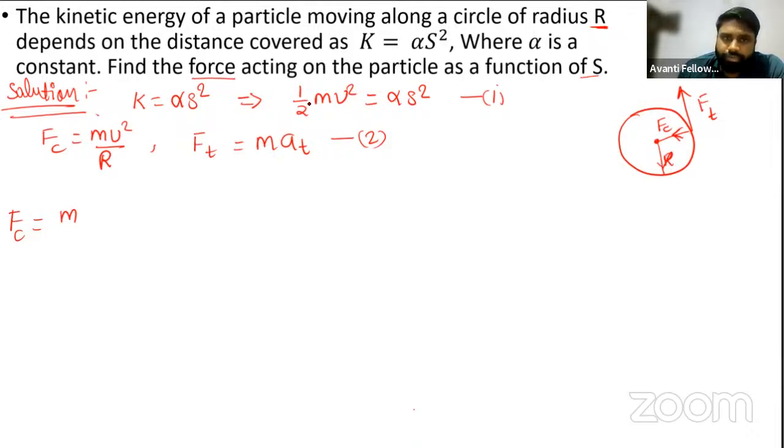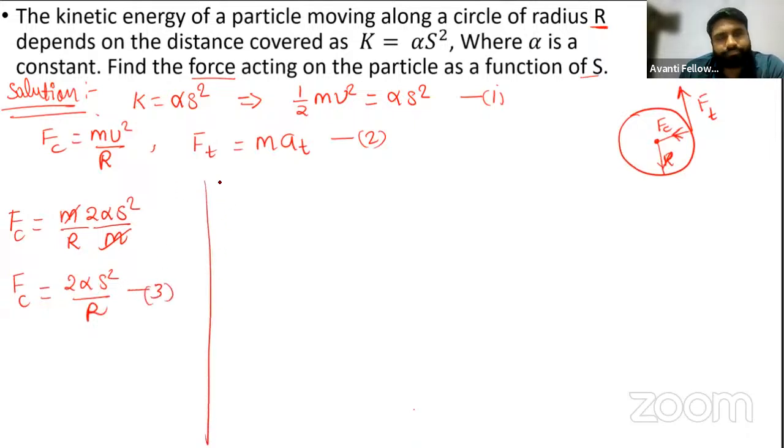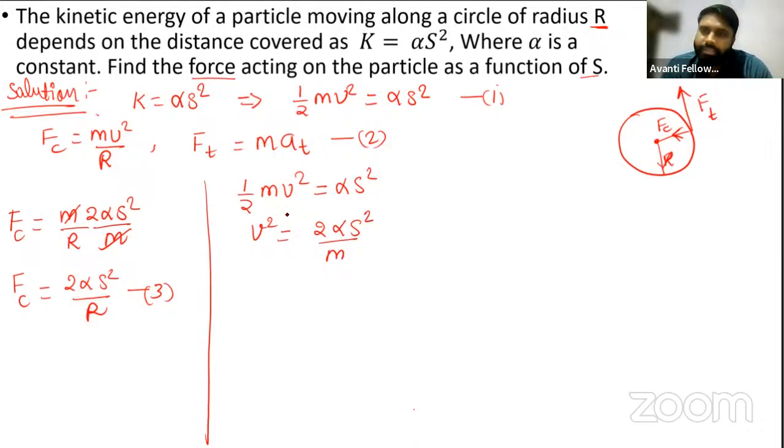From equation 1, 1 by 2 times m v square equals alpha s square, so v square equals 2 alpha s square by m, divided by R. This m and m will cancel out, then Fc will become 2 alpha s square upon R. This is equation number 3.